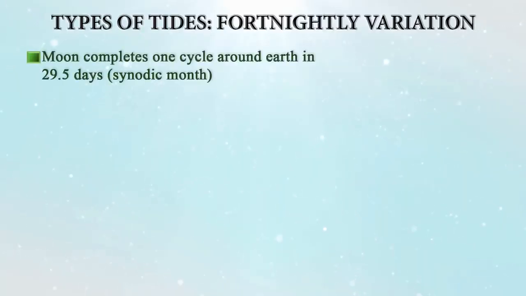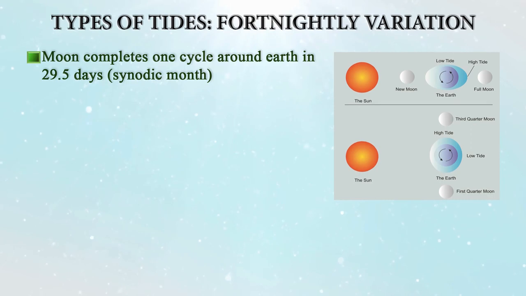Let us understand the fortnightly variation of tides. Since the moon completes one cycle around the earth in 29.5 days, which I explained is a synodic month, based on this revolution of the moon around the earth, there are various positions of the moon which I will explain in this figure.